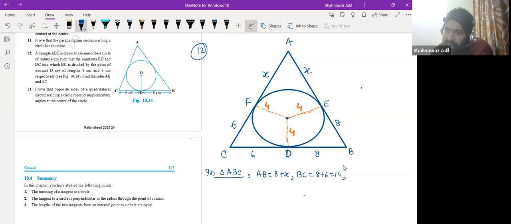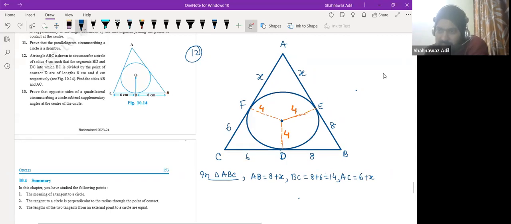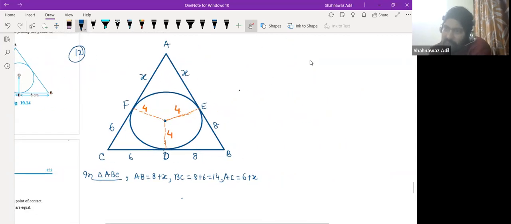And we have AC, which is 6 plus X, right? So we know the three sides of the triangle.